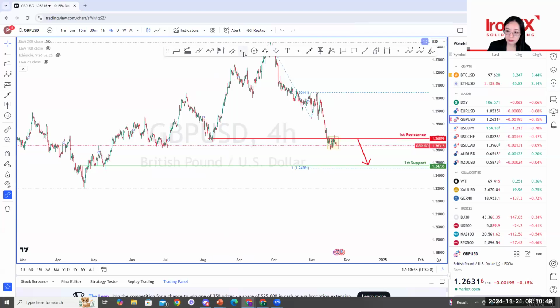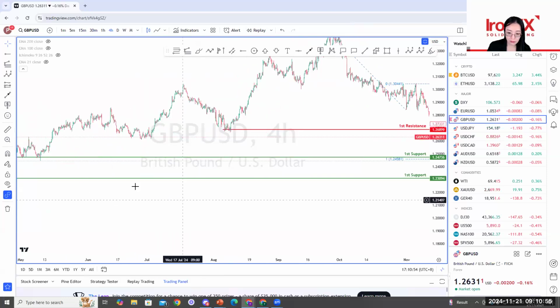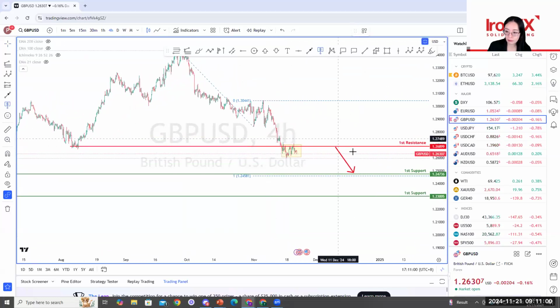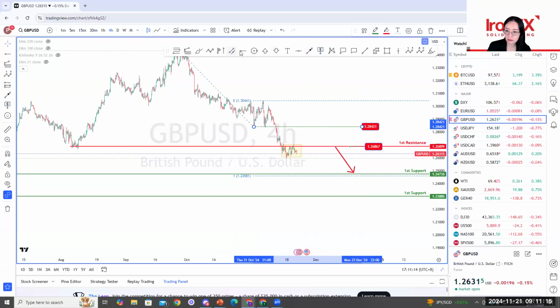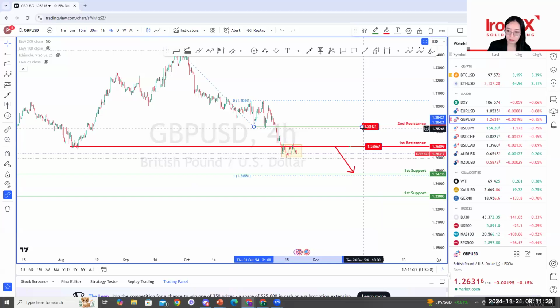100% position. Second support, I will put at the swing low here. This one is gonna be second resistance. Again, resistance here.